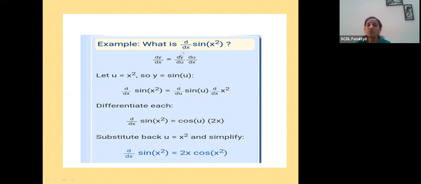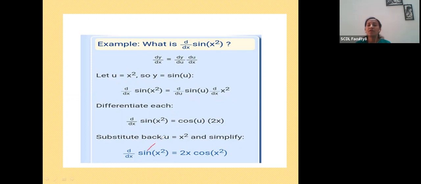Okay, first of all find the derivative of sine, that is cos x, and the derivative of x square by using the power rule, that is 2x to the power 2 minus 1. Okay, so derivative of sine x square, that is d by du sine u times d by dx x square. So d by dx sine x square is nothing but cos u and the x square derivative, that is 2x.